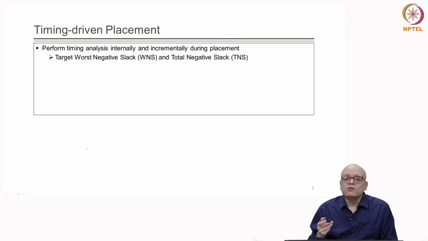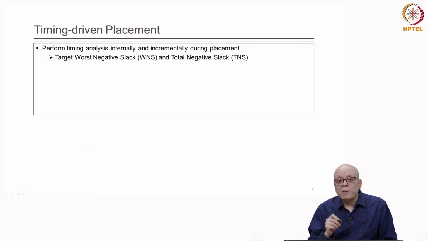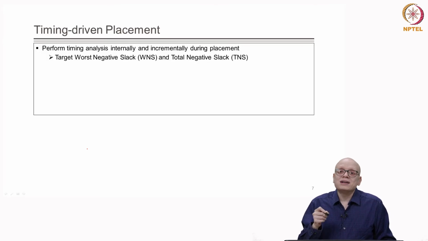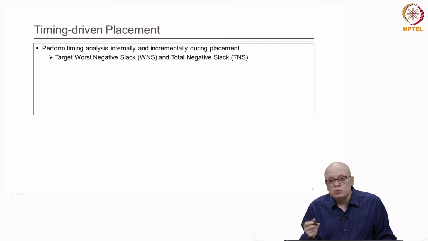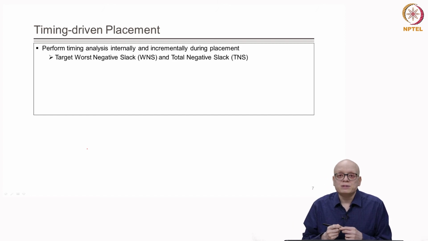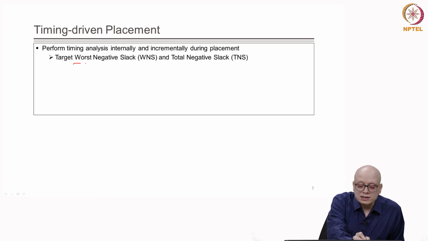So, during placement, the paths which are violating, where there is negative slack, can be targeted, and the timing of those paths can be improved by changing the placement solution. The timing driven placement basically targets either the worst negative slack.